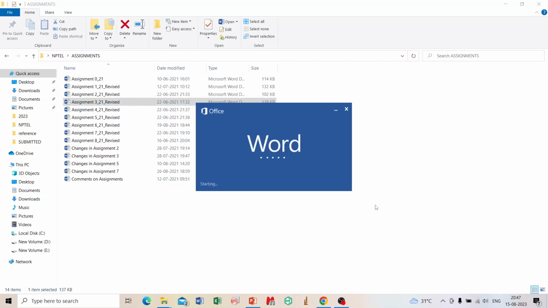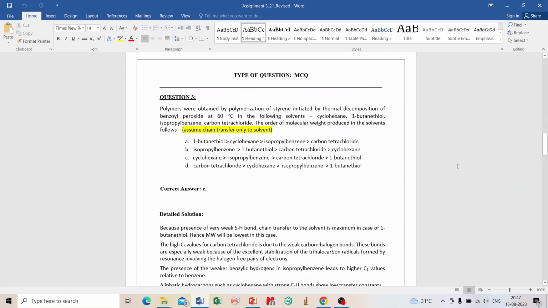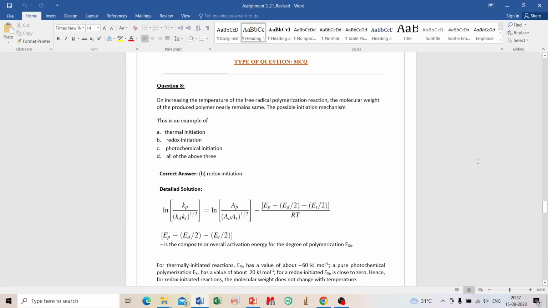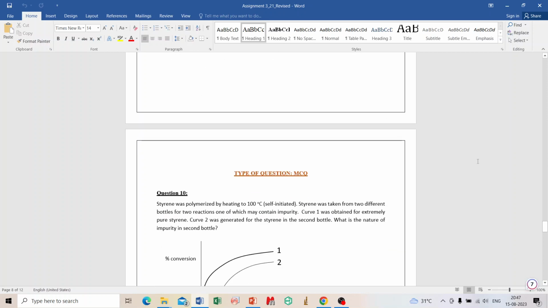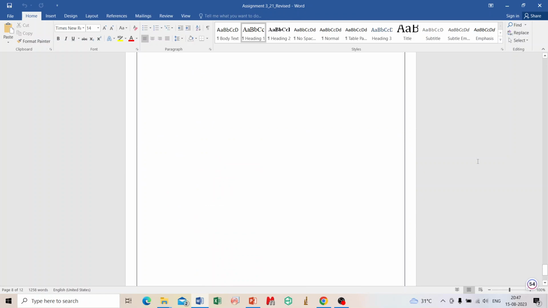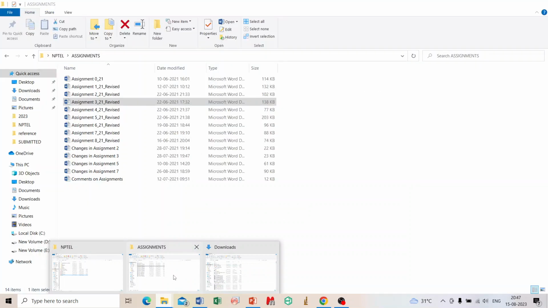25. We have two answers. One is 40, another is 25. There are two answers, 40 and 25.